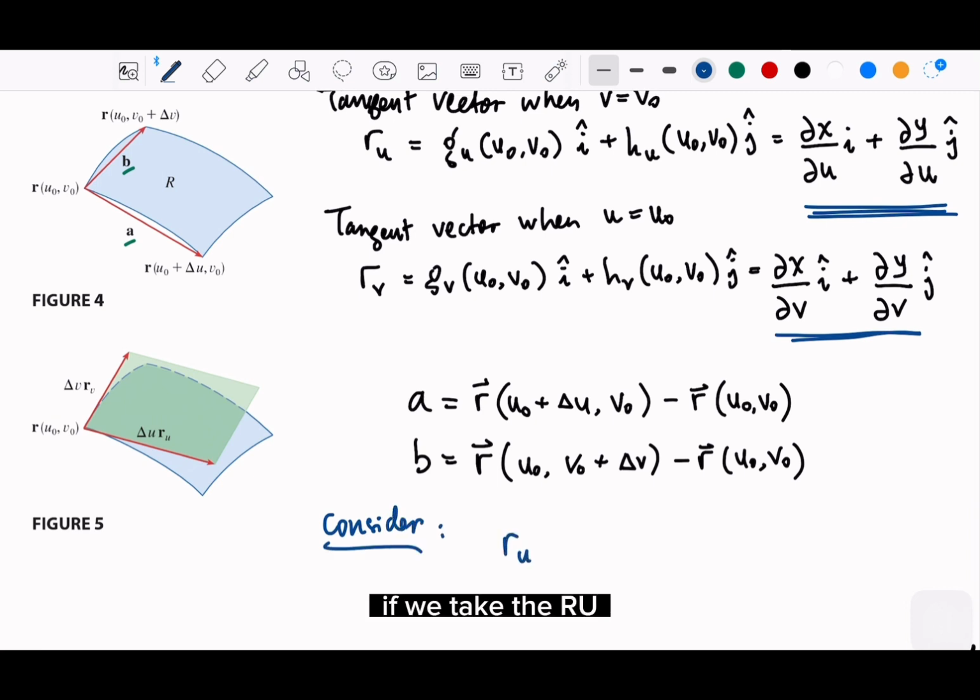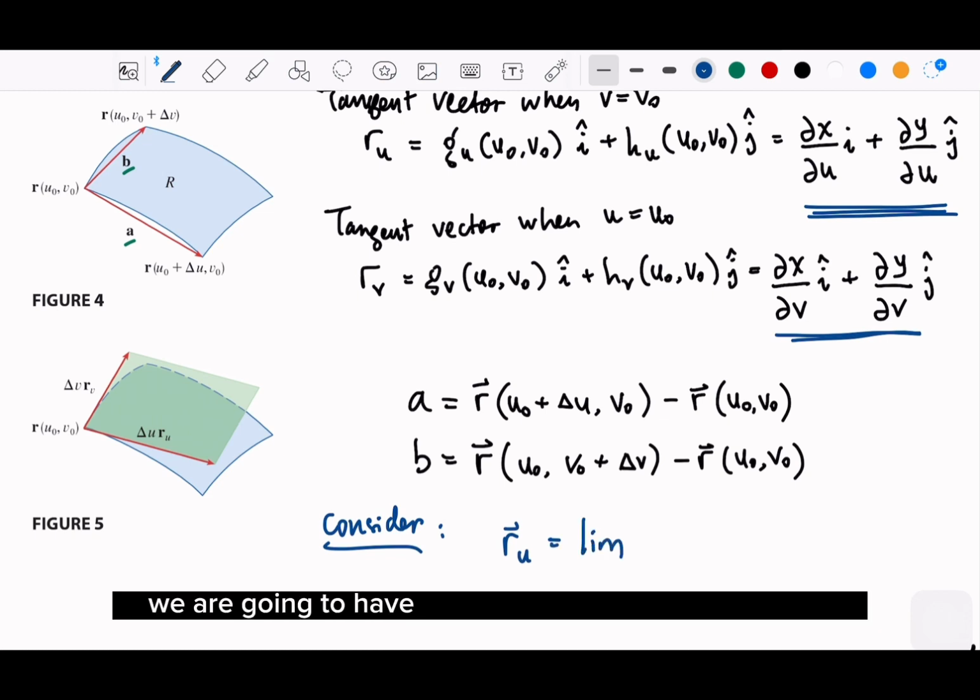If we take r_u, by definition we have the limit as delta u goes to 0.